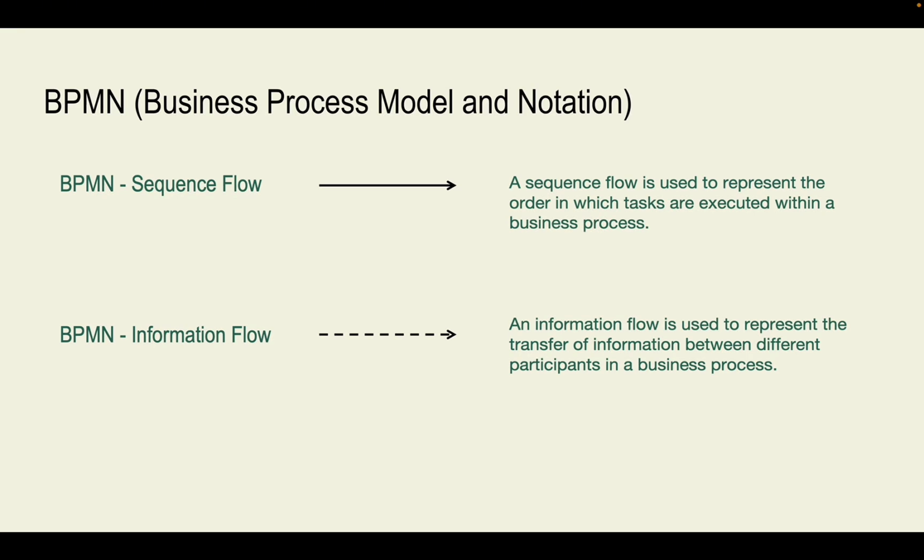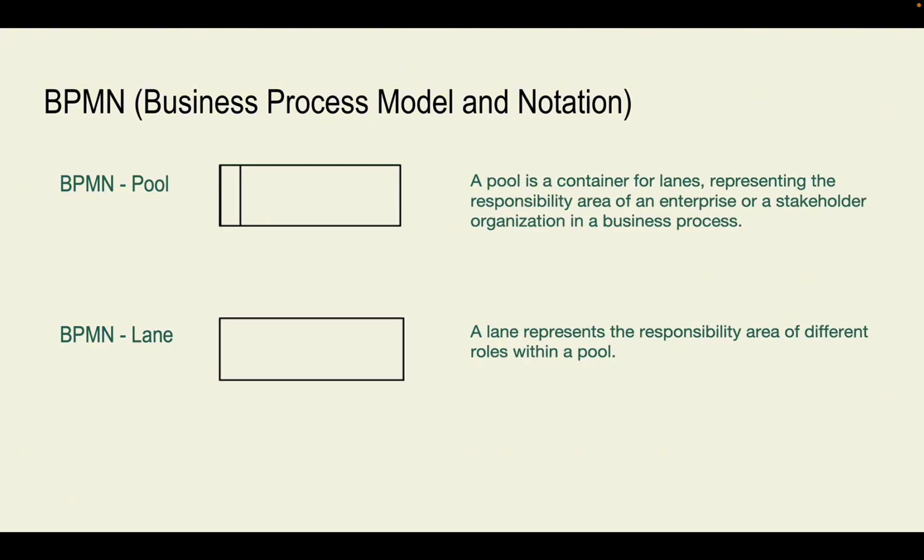A sequence flow describes the handoff of work within an enterprise, while an information flow describes the exchange of information between enterprises. A pool is a container for lanes, representing the responsibility area of an enterprise or a stakeholder organization in a business process, and lanes represent the responsibility area of different roles within a pool.